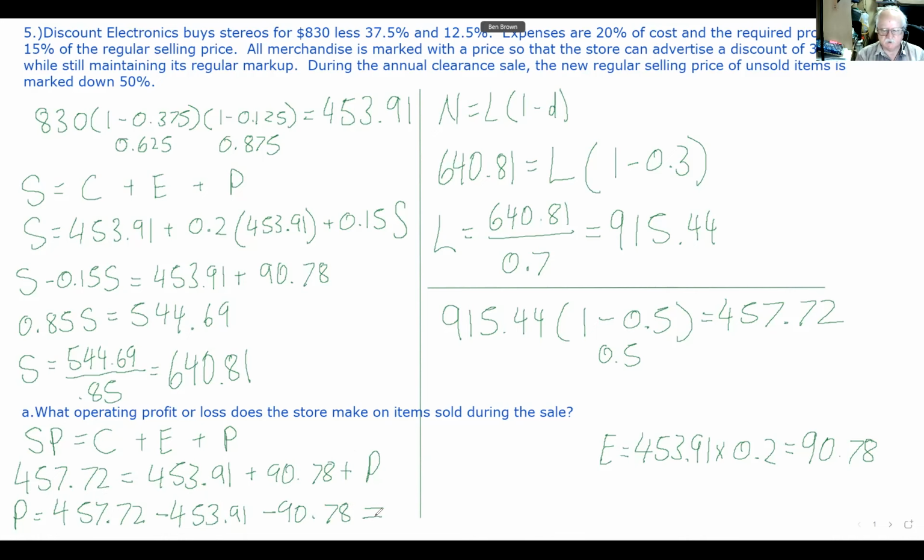And we have to figure out what that is. So 457.72 minus 453.91 minus 90.78, and I'm getting they made a loss of 86.97. So that's the answer to the only actual question they asked us. What operating profit or loss does the store make on items during the sale?